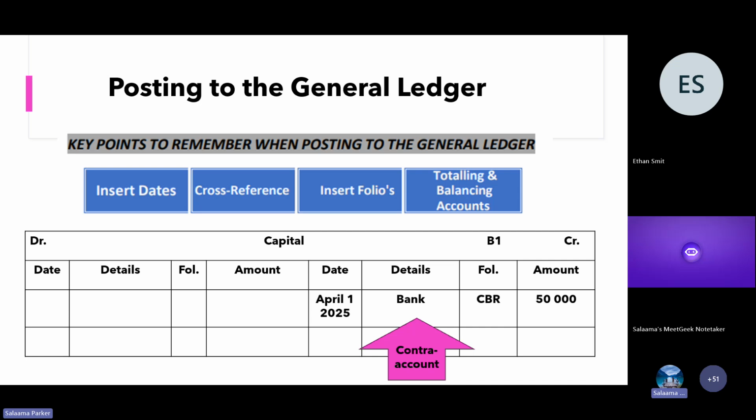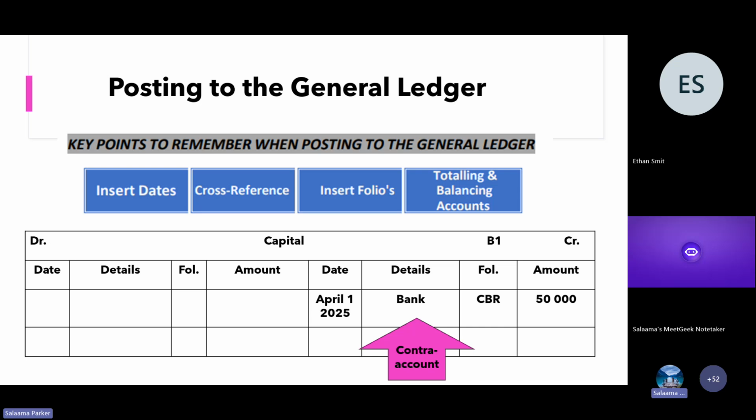Bank was the account that was debited. I have my folio, I have my amount. Please do not forget folios, because we do allocate marks for the folios. So please remember your folio is the journal I'm recording or posting from.